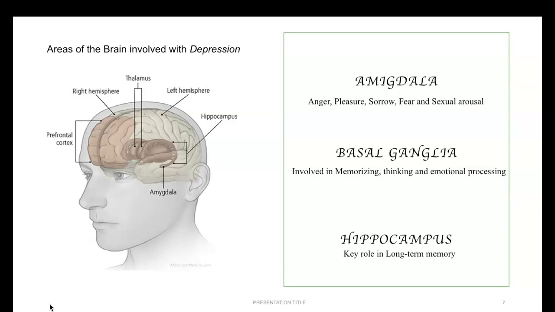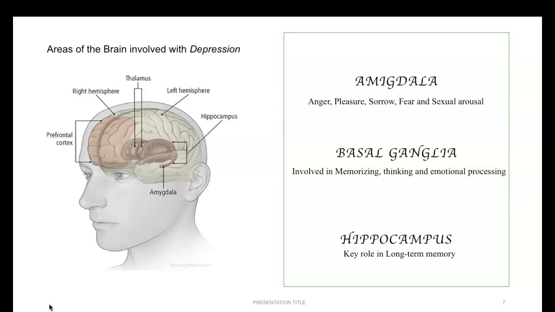The third is the hippocampus, which processes memory and regulates stress hormones such as cortisol. The key role here is long-term memory. In addition, the thalamus helps link sensory information to good and bad feelings.